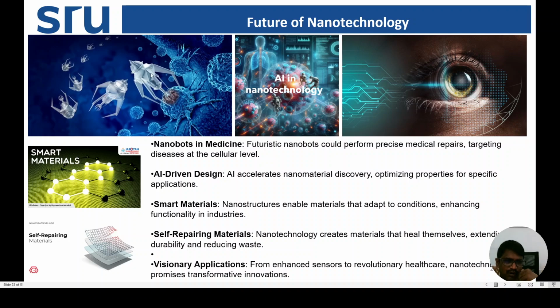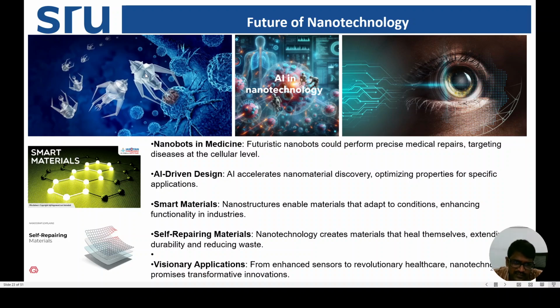These small bots can carry the medicine to exact places, so that side effects will be minimized. Because we are taking the medicine to the affected area, the drug will not reach unwanted places, so the side effects will decrease. That's why it's a very futuristic concept.